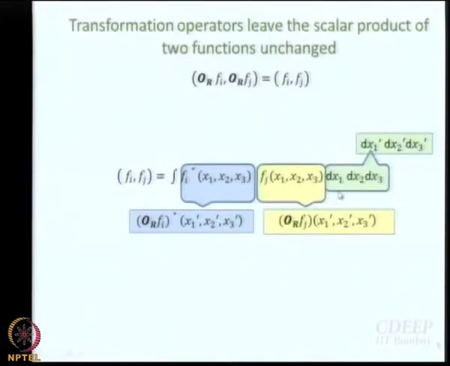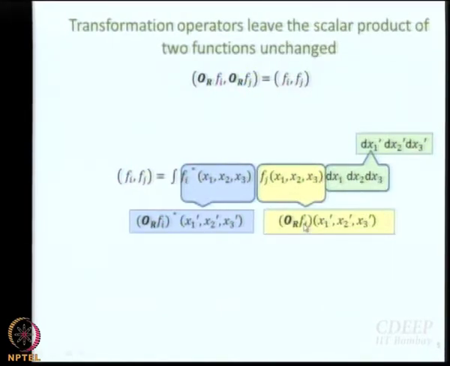right. We have substituted Fi star by OR Fi star in the transformed coordinates. I have substituted Fj in the original coordinates by OR Fj in transformed coordinates, and I have written the volume element in transformed coordinates as well. So, if you agree with that, then do you see that on the left hand side I have the scalar product of Fi and Fj.